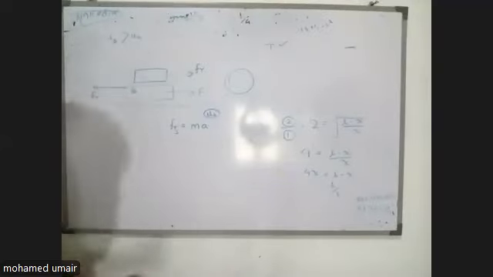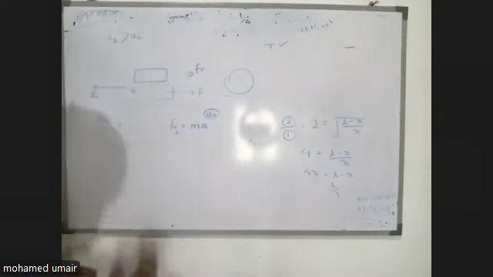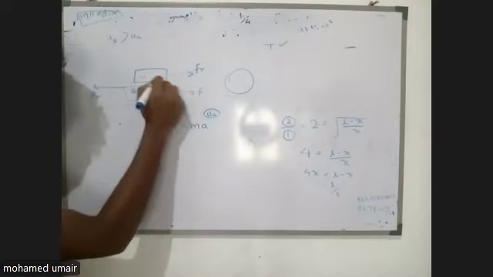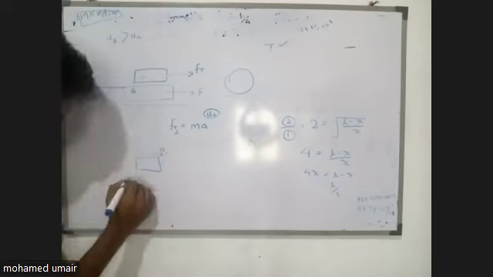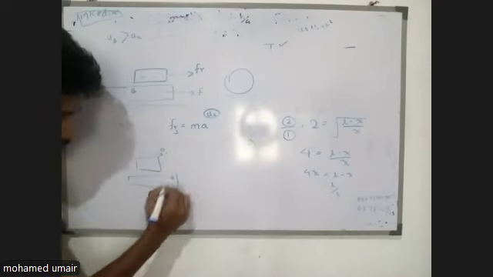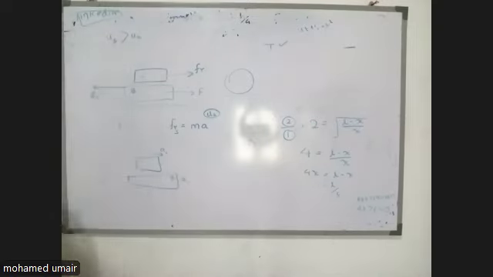But be careful. When you're writing for the next case, it will be a scenario like this. A will be having an acceleration, let's say A1. B will be having a different acceleration, like A2. That will be the difference here.